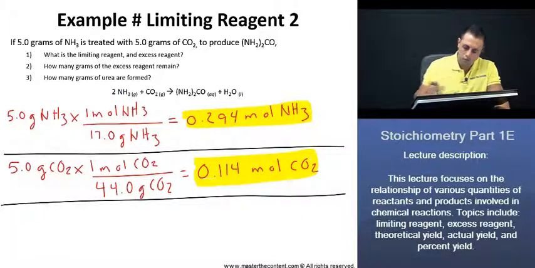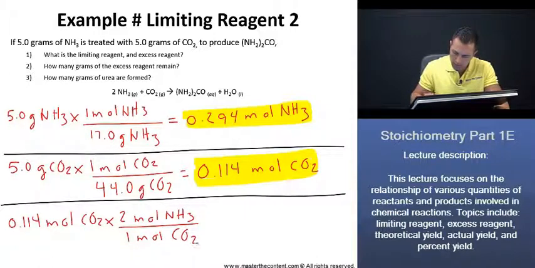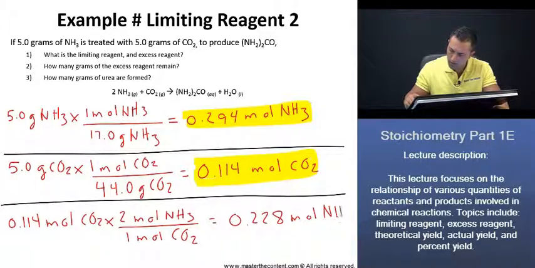Thus, we can do a mole ratio, beginning with our 0.114 moles of carbon dioxide, and we just stated that 2 moles of ammonia are going to be used per mole of our carbon dioxide. This is going to give us a value of 0.228 moles of ammonia.